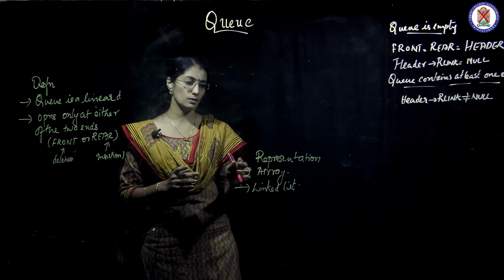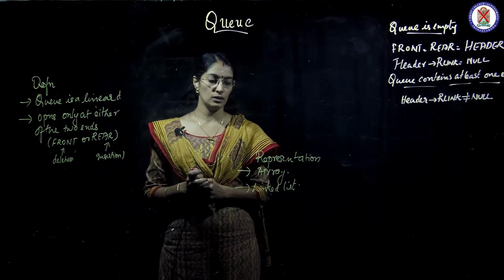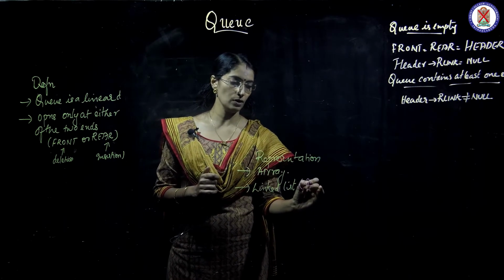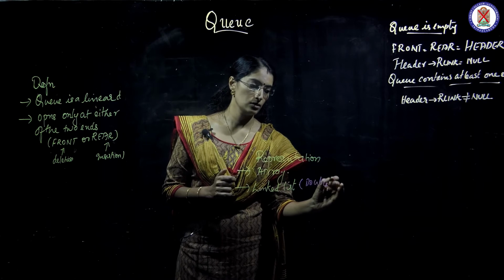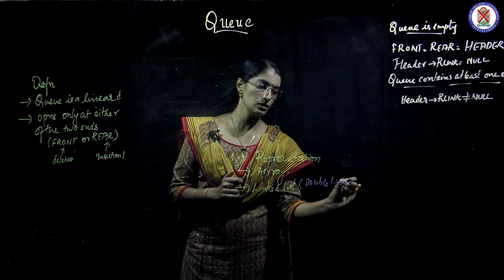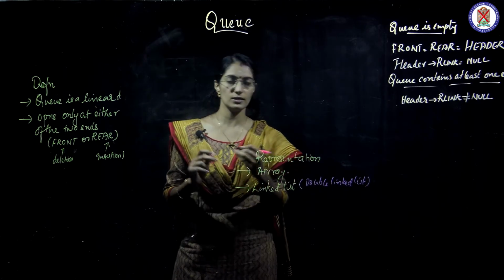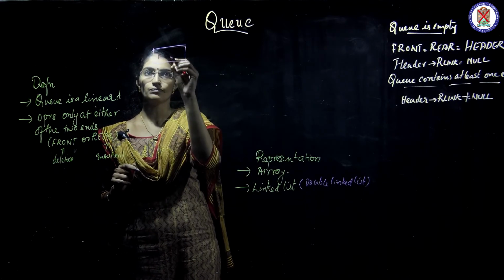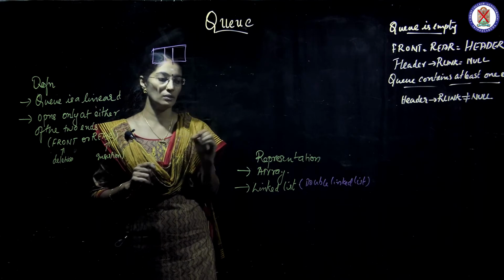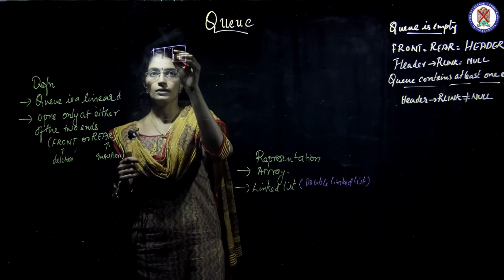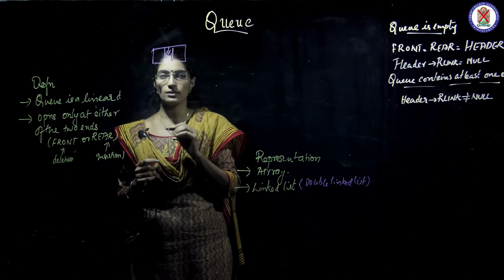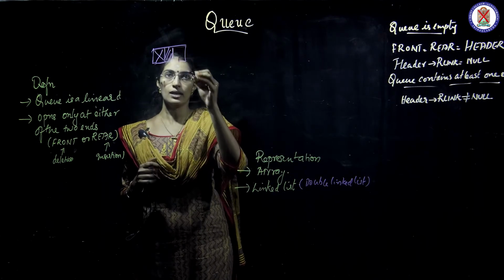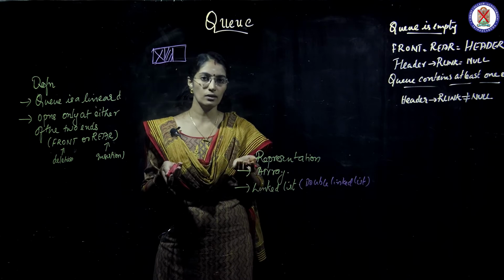Next we can see the representation of a queue using a linked list. In linked list representation, I am using the concept of a double linked list, since we can traverse in both ways. Okay, let's see with the figure. We have first, naturally, a header node. Since I am using a double linked list, naturally the header's data part is empty, the left link is null, and the right link should contain a value.